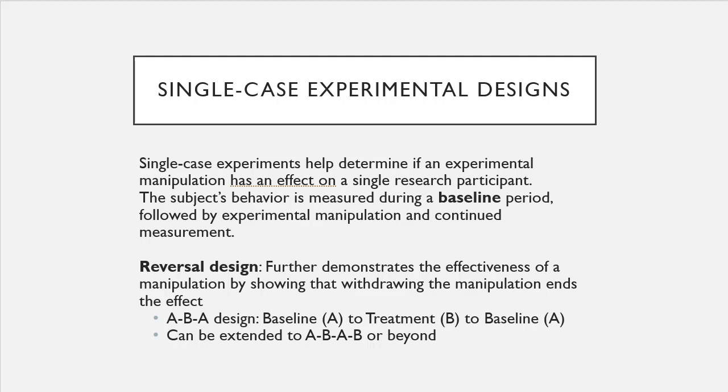Then we can introduce some kind of behavioral intervention where we ask the child to be patient, and then they're rewarded with praise after they're patient, and then we track how many times they're demanding over the next few hours. The idea is that after we introduce the intervention, a praise response if the child is patient, it will decrease the likelihood that they are going to be impatient and demanding.